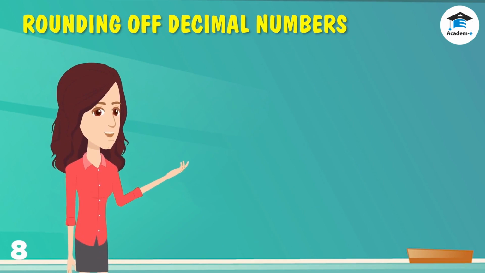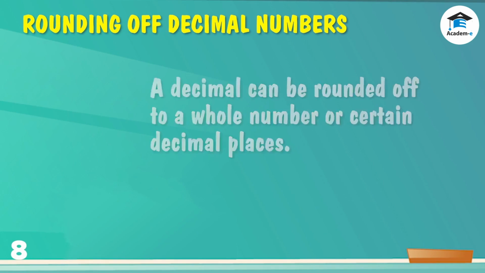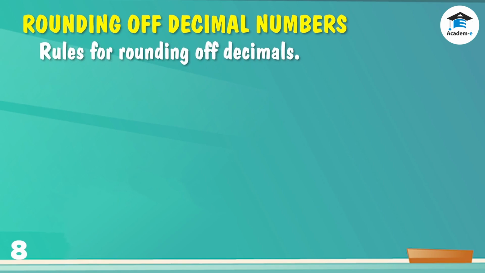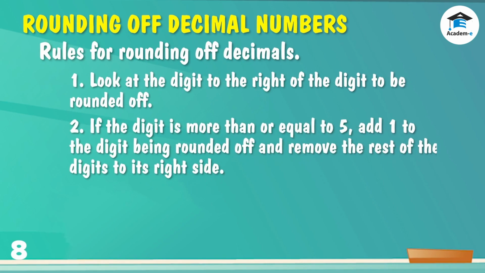Rounding off decimal numbers. A decimal can be rounded off to a whole number or certain decimal places. Rules for rounding off decimals. 1. Look at the digit to the right of the digit to be rounded off. 2. If the digit is more than or equal to 5, add 1 to the digit being rounded off and remove the rest of the digits to its right side. 3.